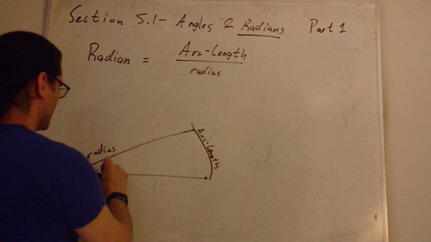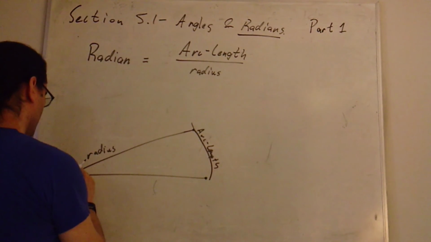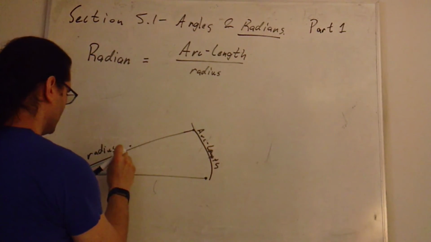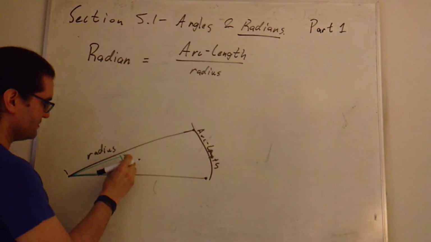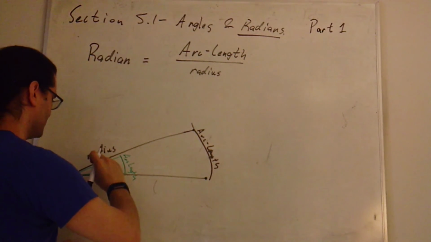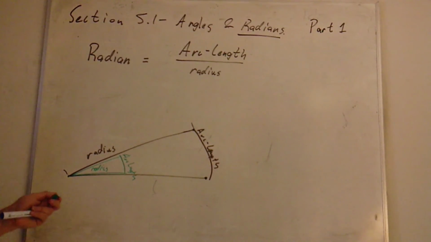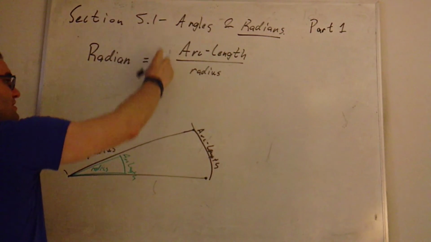And if you wanted to see what happens if you took this same basic angle and only made it half as big, your arc length would be half the size, and your radius would be half the size. And so all of these things would scale proportionally and give you the same ratio.